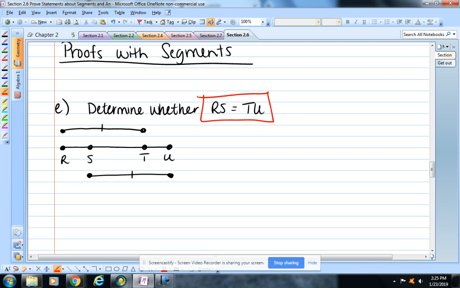Now, what's my given here? Say it again. No, that's what I'm proving. What is given to me? Look at the picture. Try again, you're really close.